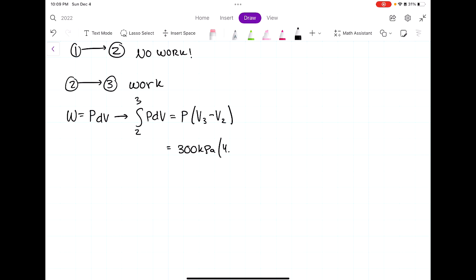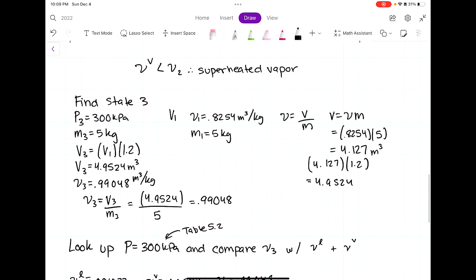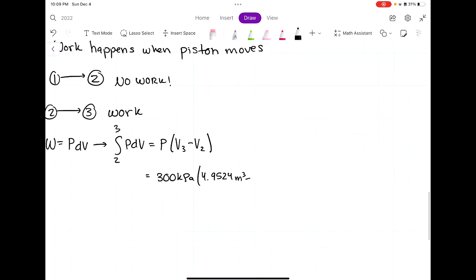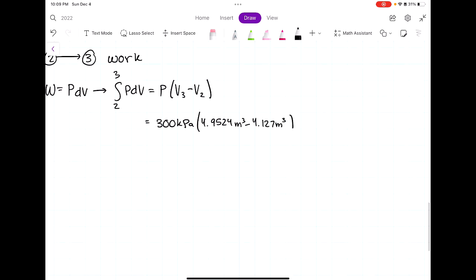So 4.9524 meters cubed minus our volume at state 2, or state 1, because the volume in state 1 and state 2 are the same. So the volume at state 1 is 4.127 meters cubed. We solve and we get 247.62 kilopascals times meters cubed.